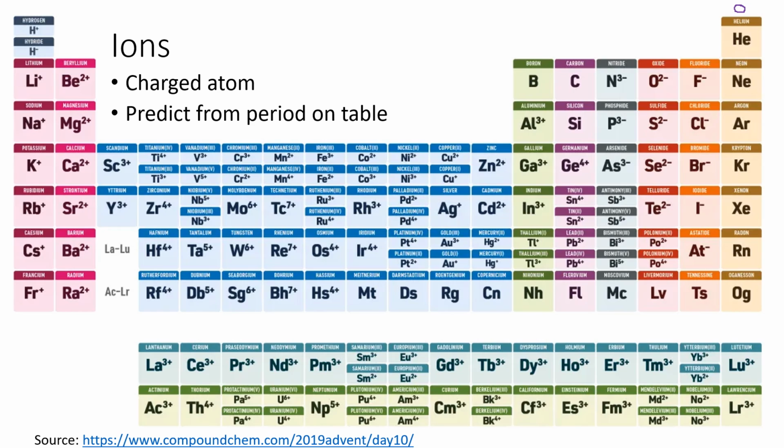But this column, the halogens are one short of it, and they are likely, like chlorine did earlier, to steal someone's electron and end up with a -1 charge. Very similarly, this group is likely to steal 2 electrons, like oxygen does, and end up with a net -2 charge.